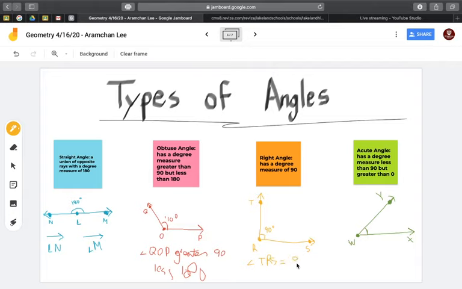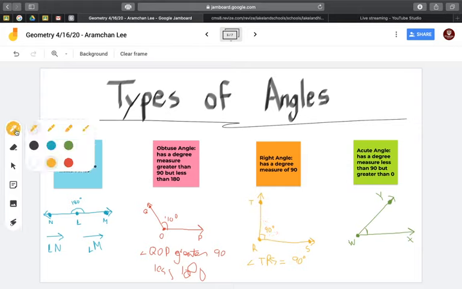And you can see that this angle in the figure is represented by a box. So all right angles are represented by this box, which basically means that ray RT and ray RS are perpendicular to each other, which is the same as saying they create a 90-degree angle.